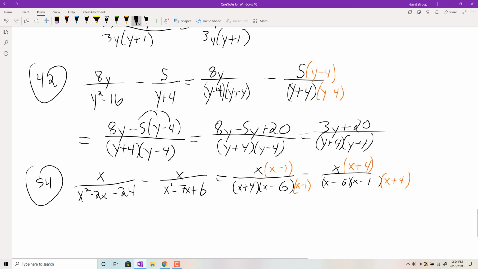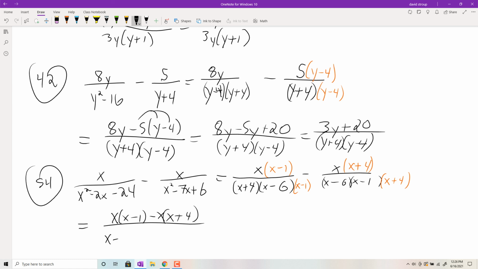So I'm going to go x times x minus 1 minus x. I'm subtracting the numerators over the common denominator. I'll distribute in the next step. It doesn't matter what order you put the denominator in because of the commutative law of multiplication. I'm going to distribute those, x squared minus x.